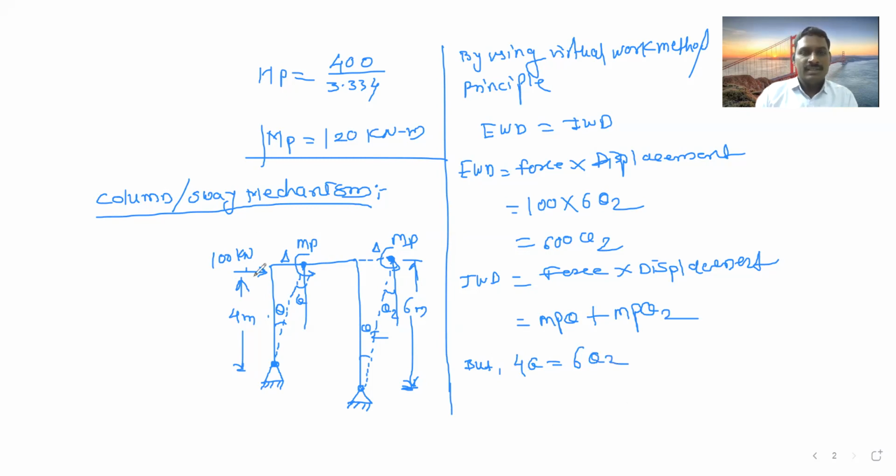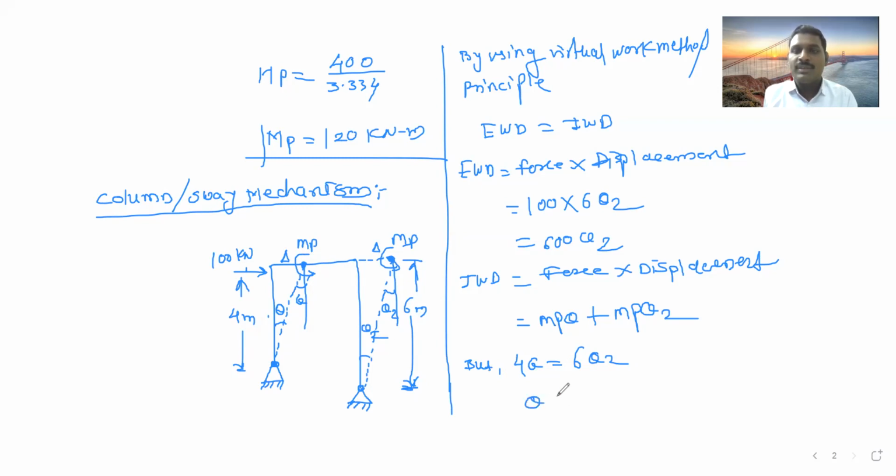The 4 meter column height and 6 meter column height are there. But the displacement of both is the same. The displacement of the 4 meter column is delta, and the displacement of the 6 meter column is again delta. So we can equate 4 theta is equal to 6 theta 2.